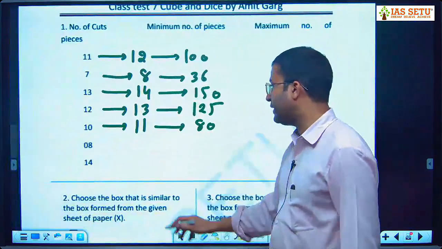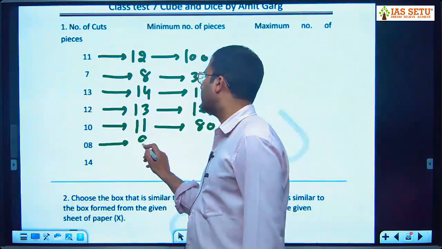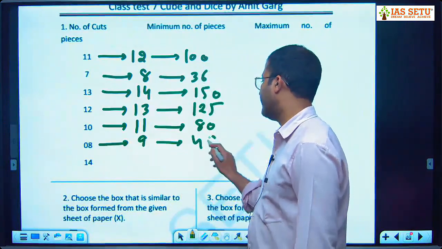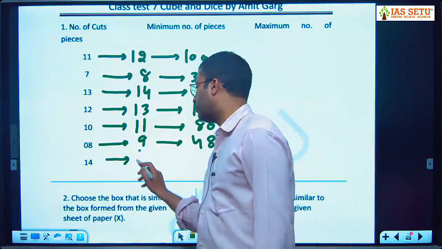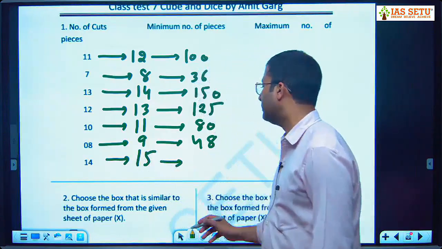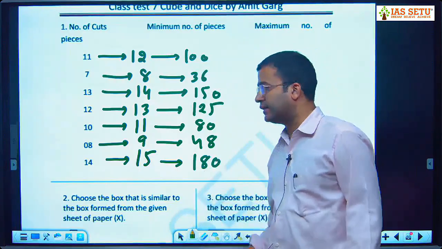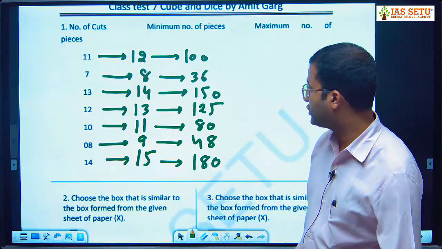This 8 give you 9 and 48. This 14 cut give you minimum 15, maximum 180.